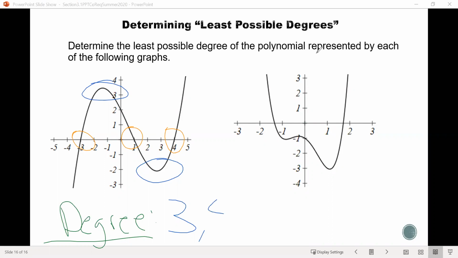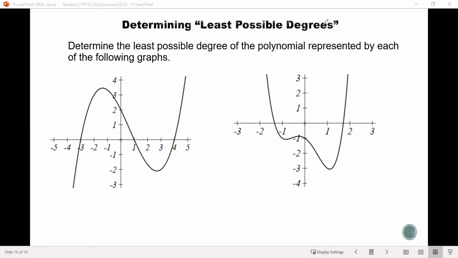This could be a degree 5. Now notice I skipped degree 4 because, again, we see the tails going in opposite directions here. So this has to be an odd degree polynomial. So it could be a degree 5 because there are 3 horizontal intercepts, that's less than the degree. And then there are 2 turning points, which is less than 1 less than the degree. So it could be that, but up here, as you notice, we're looking for the least possible degree. So 3 would be the answer here, since that's the smallest of those 2.